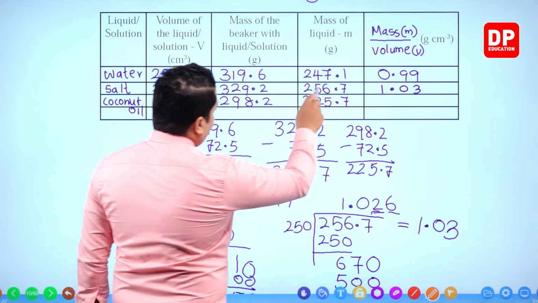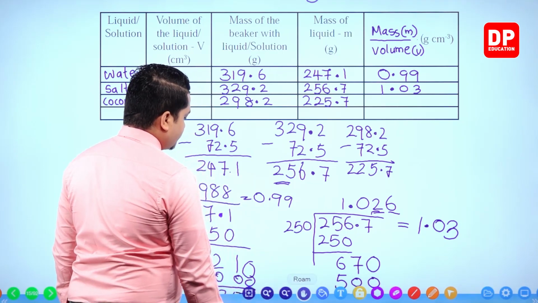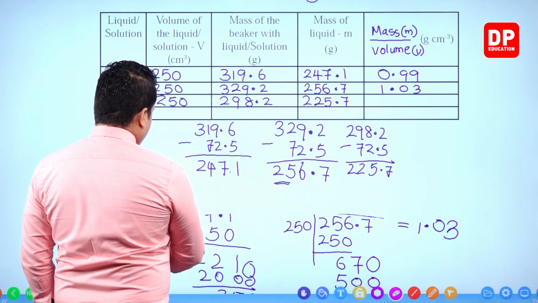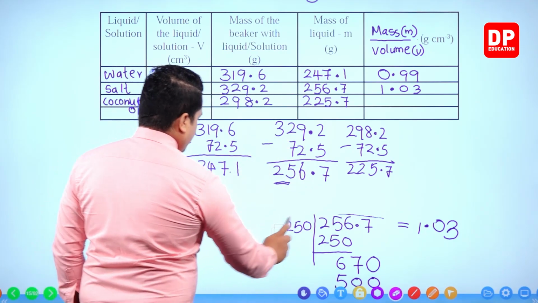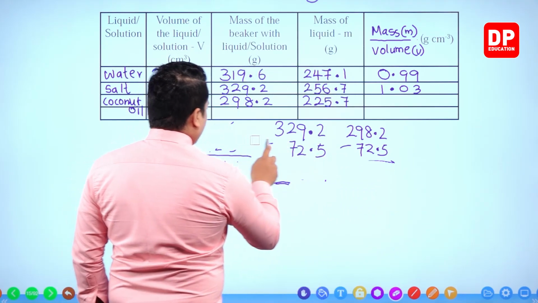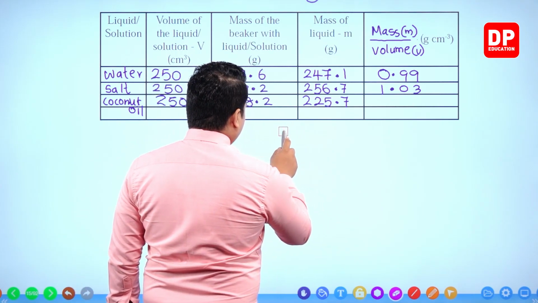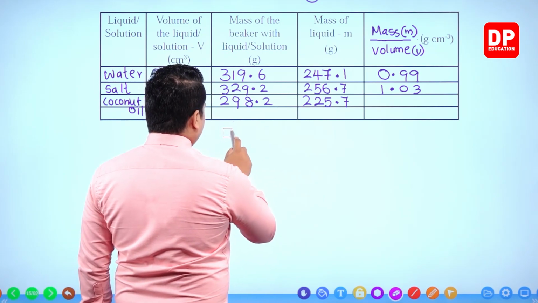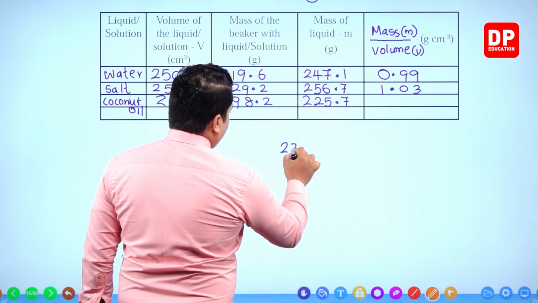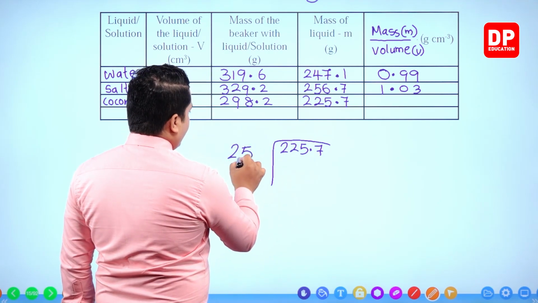So the mass is 225.7. You need to divide by 250. Right? So I'll erase these things. We'll divide the final one and get the answer then. So the final one would be 225.7 divided by 250.